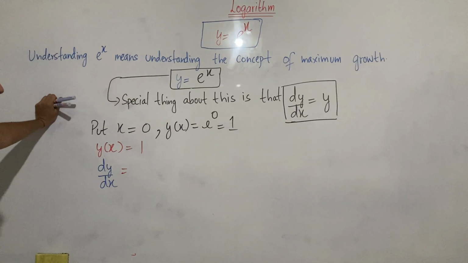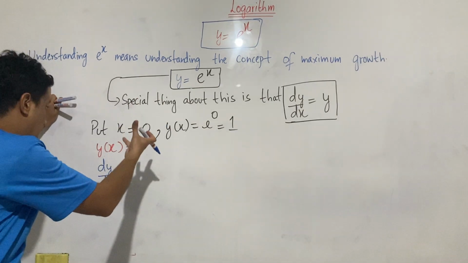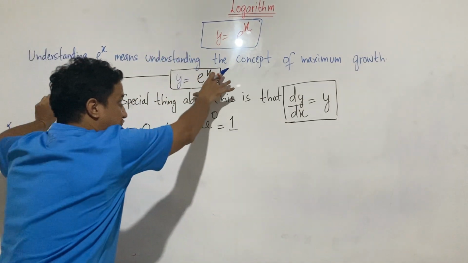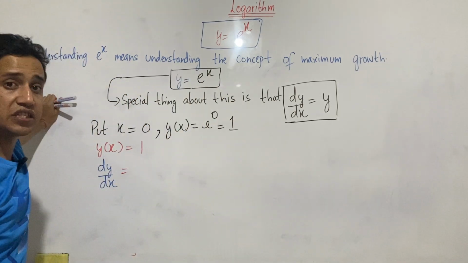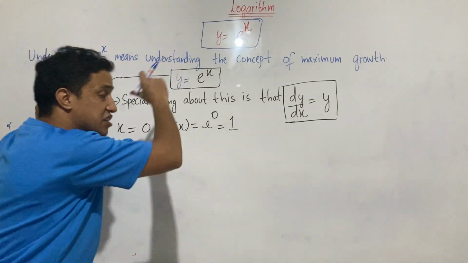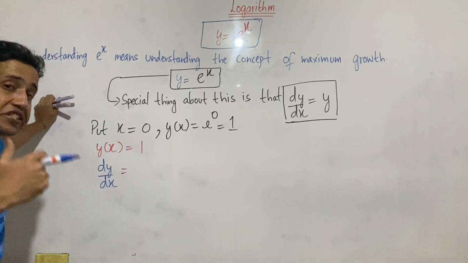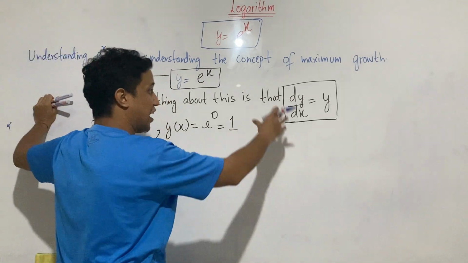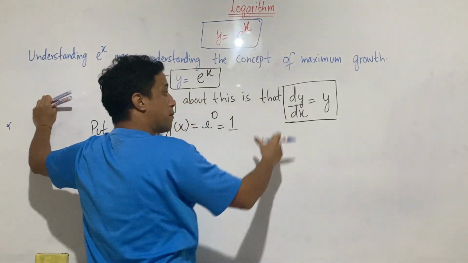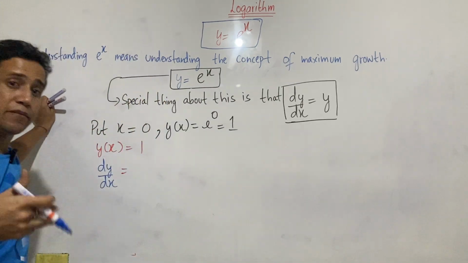Okay, now as the definition of this function says, this is a special function such that dy by dx, or its slope, is the same as the function.